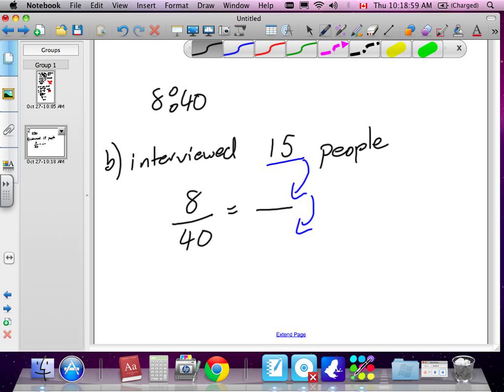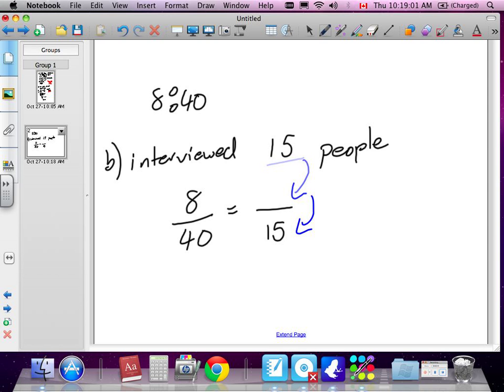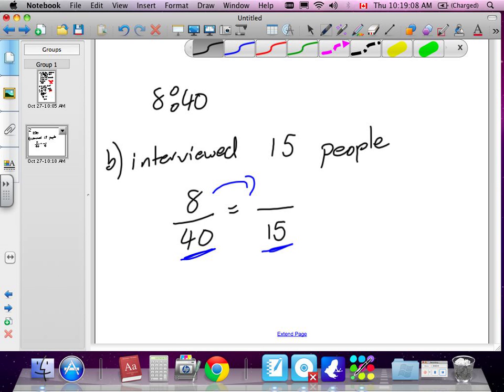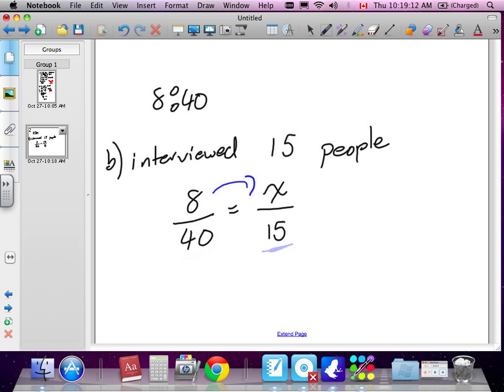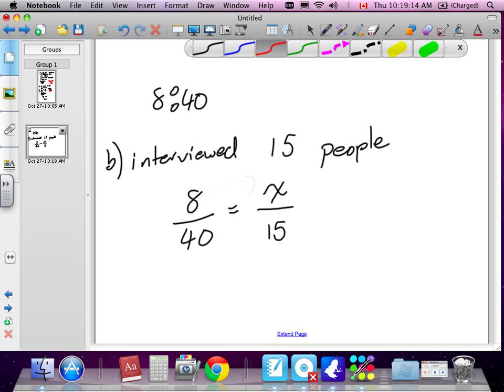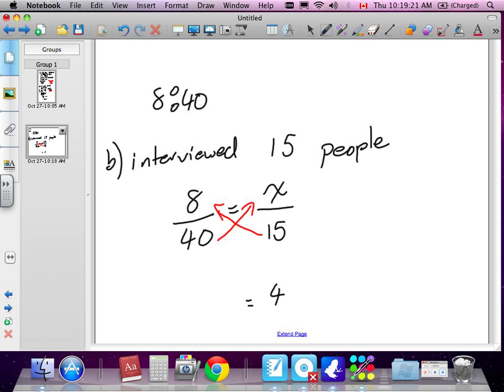We originally had 40 people interviewed. If we had only interviewed 15, we're going to see how many would have said yes. Now, if we cross multiply, which is another option we could do, we do 15 times 8 and 40 times x. Okay? So we get 40x is equal to 120.